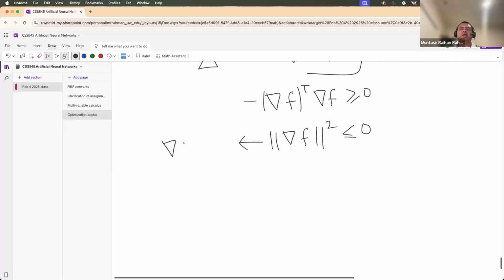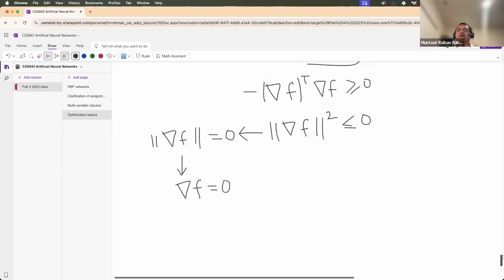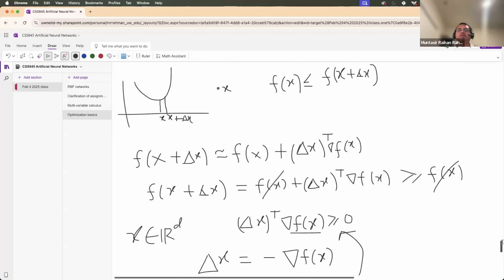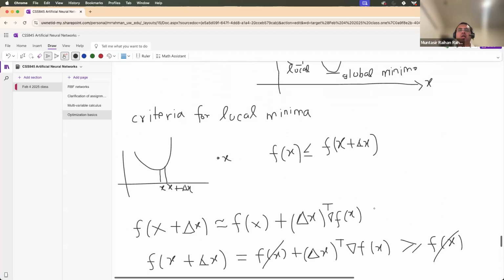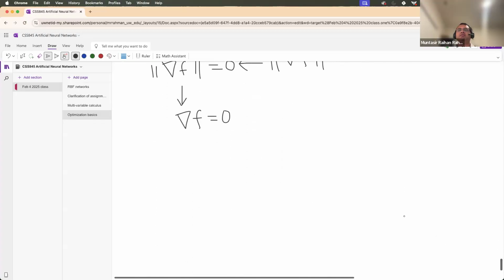So that means that this norm squared has to be 0. And we know the property of a norm is that the only vector with 0 norm is the 0 vector. So that means that the gradient of f must itself be 0. Right? So now what we have is the first order property of minimization, which means that for a function to have a local minima, at that local minima the gradient must disappear.